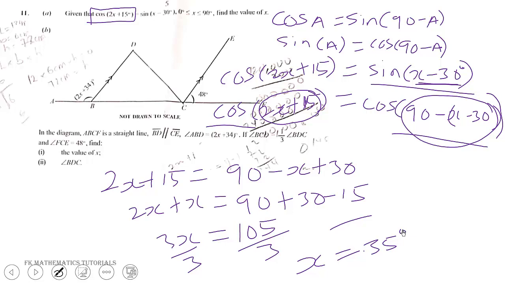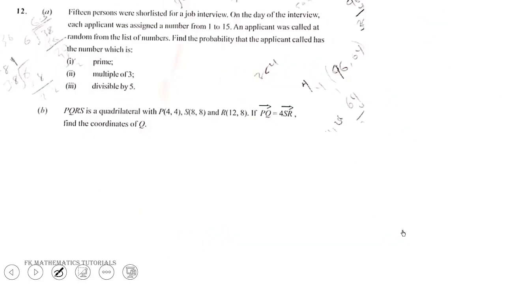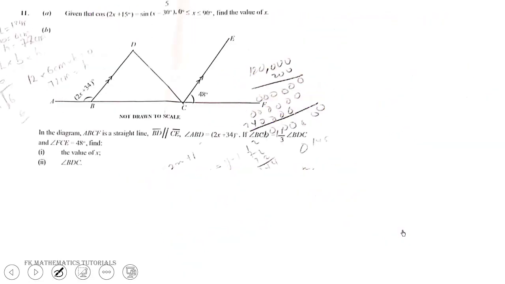In part II, we are supposed to find angle BDC. So angle BDC, we're told that angle BCD is 1/3 of angle BDC.